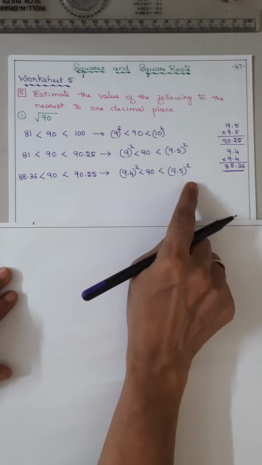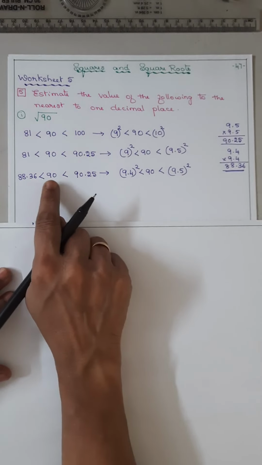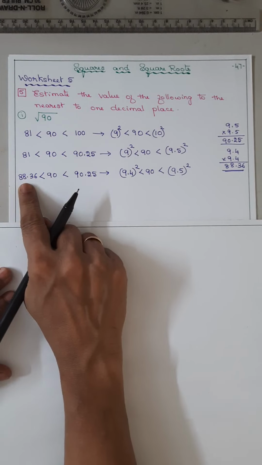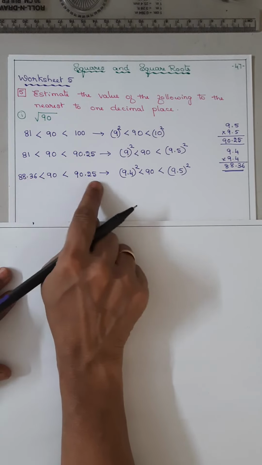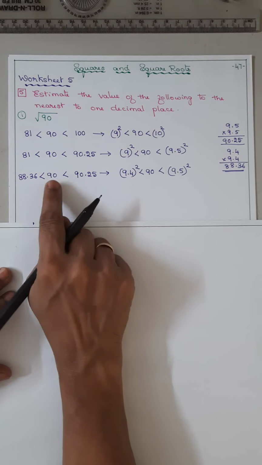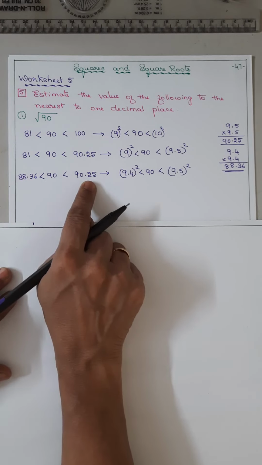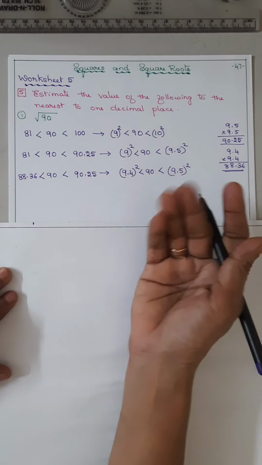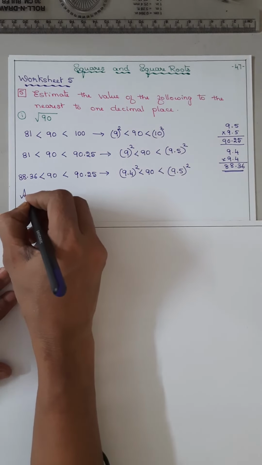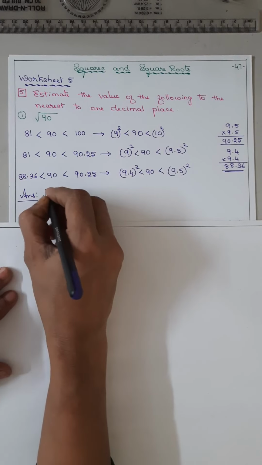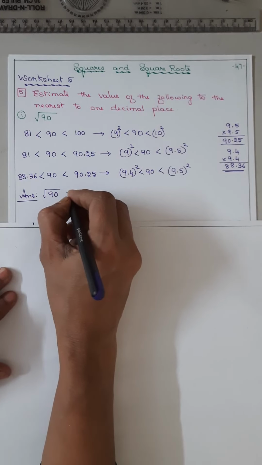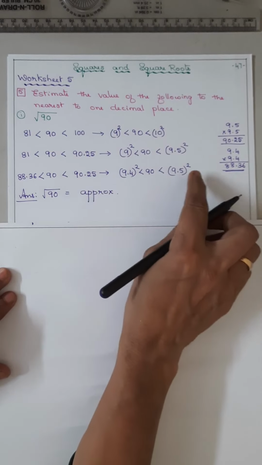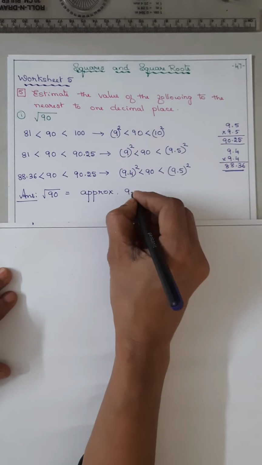Now you check which is nearer. Is it 90.25 or 88.36? ऐसे ही देखने के वक्त आपको मालूम पड़ेगा इधर सिर्फ 0.25 ज़्यादा है, इधर डिफरेंस ज़्यादा है, तो डायरेक्टली लिख सकते हैं आंसर square root of 90 is equal to approximately, which is nearer, 9.5.